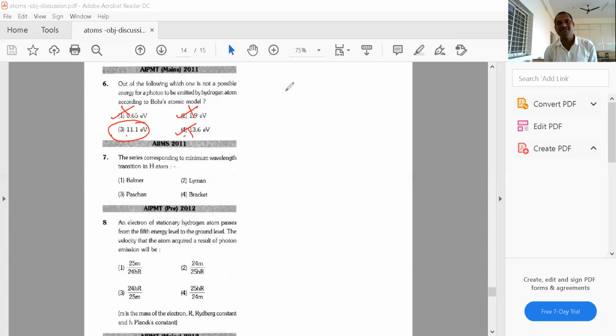This is the answer. The reason is energy is equal to 13.6 by n square, no? If you keep n is equal to 1, you will get 13.6. Keep n is equal to 2, you will get 13.6 by 4, which is 3.4.